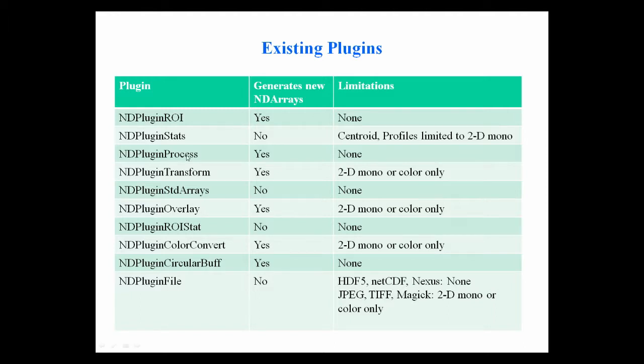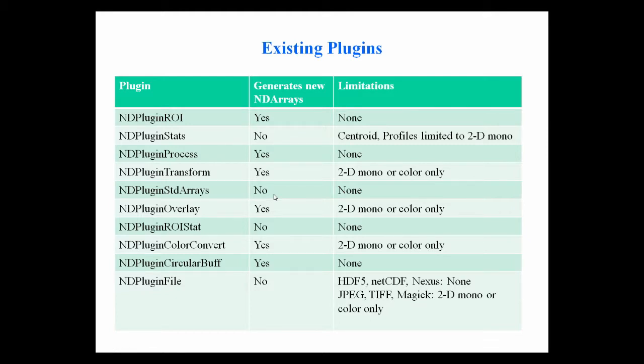The transform plugin, the one that does rotations and mirror operations, generates new arrays, and it's limited to 2D mono and color only. The standard arrays plugin does not generate new ND arrays.